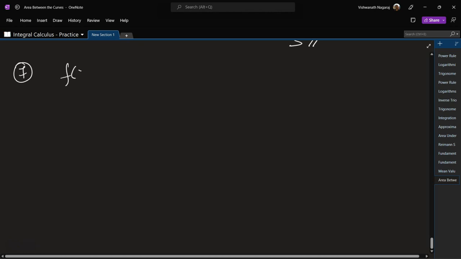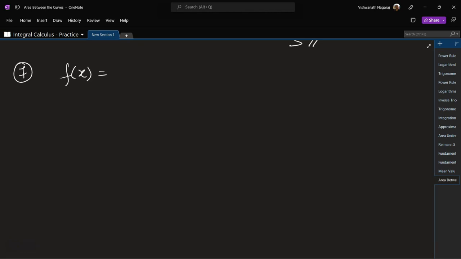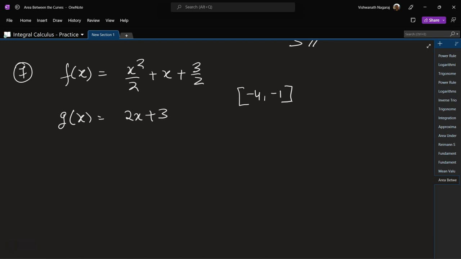Seventh one. Okay, f of x is equal to x square by 2 plus x plus 3 by 2. g of x is equal to 2x plus 3 in the interval minus 4 to minus 1. Again, first thing we have to figure out is whether they intersect each other.